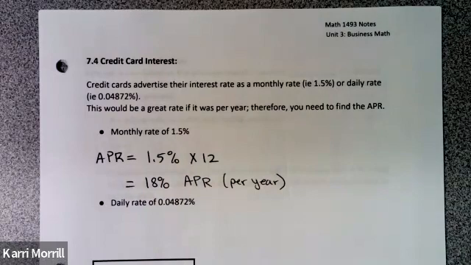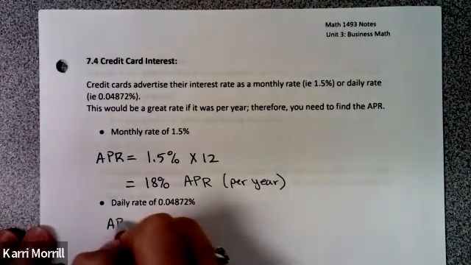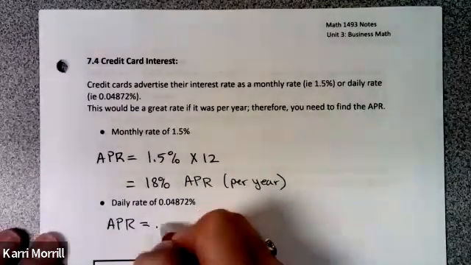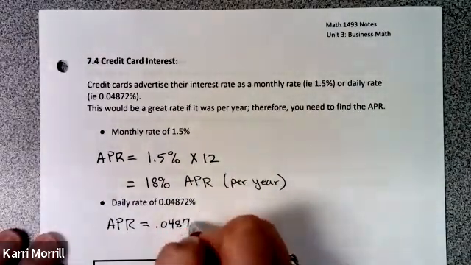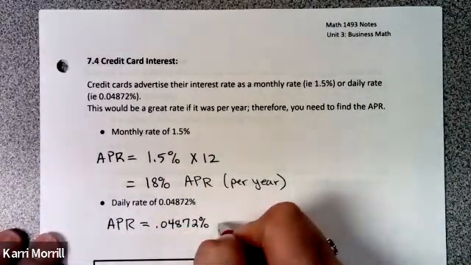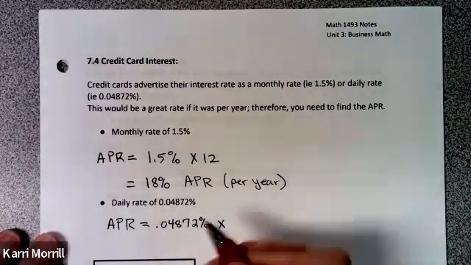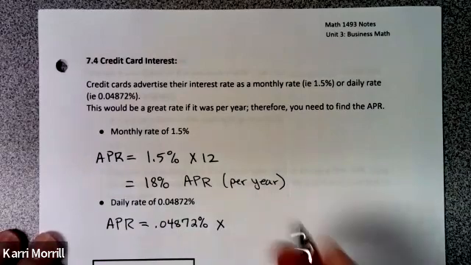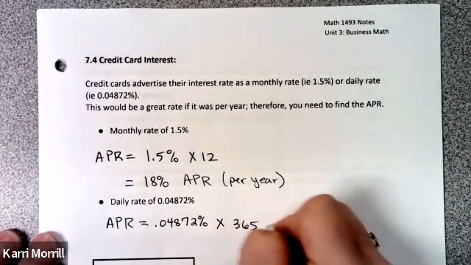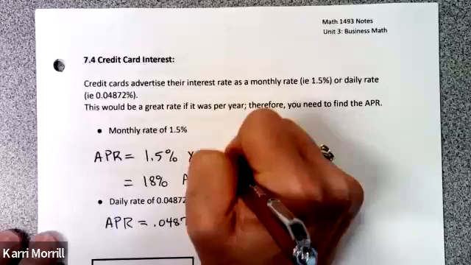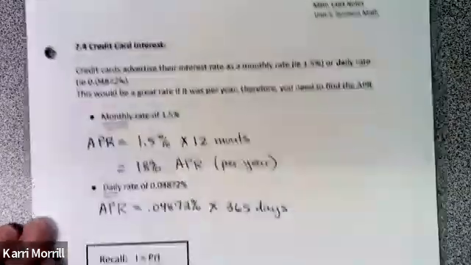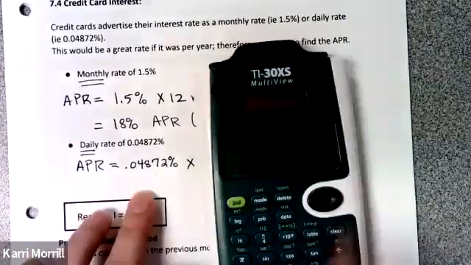If we're looking at this daily rate, it looks really small, doesn't it? Since it's credit cards, they don't use Banker's rule. We take the digits you have, 0.04872%, and take it times 365 days. Daily versus monthly, that's the difference.